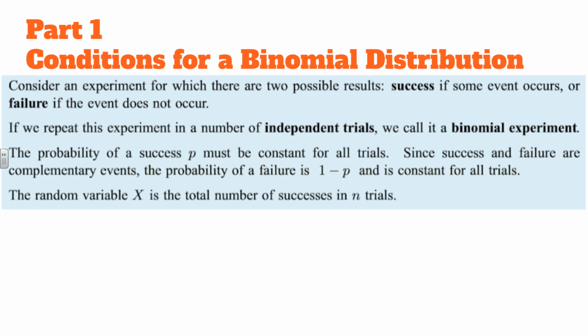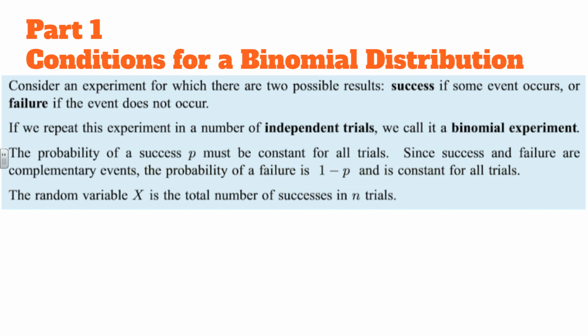So first of all, what is required for a discrete random variable to be binomial? Well, there are four conditions. The first is that you must be able to classify your outcomes as either a success or a failure. It doesn't mean that it only has two possible outcomes, but all of the outcomes can be classified as successes or failures. If I'm flipping a coin, anytime I get a heads, that's a success, and anytime I get a tails, that's a failure.